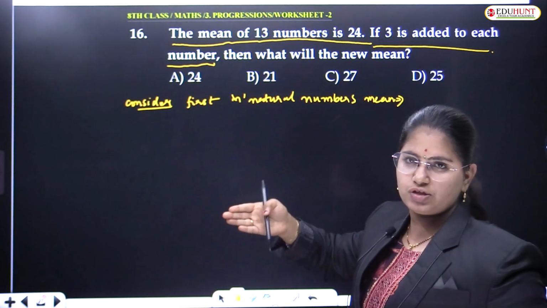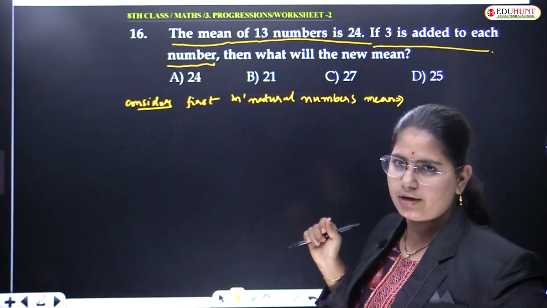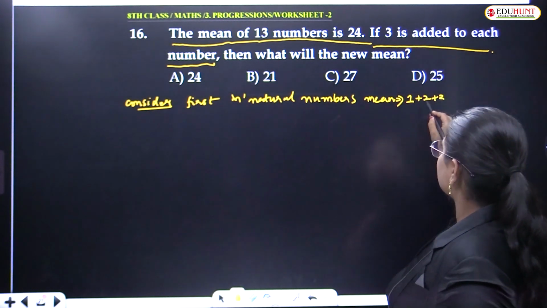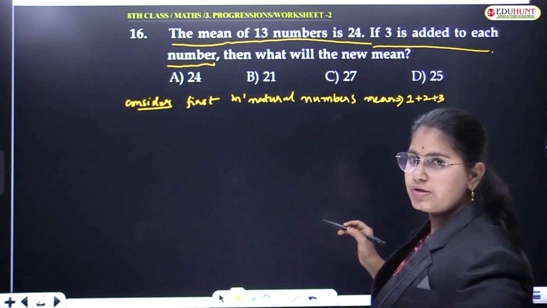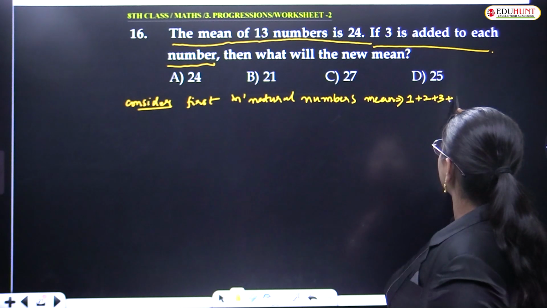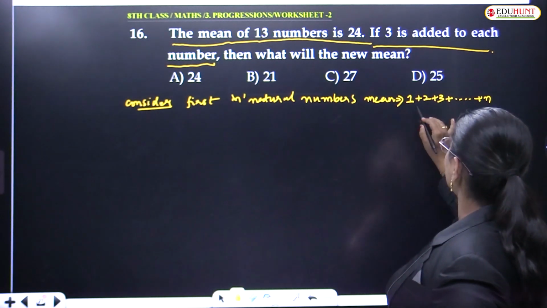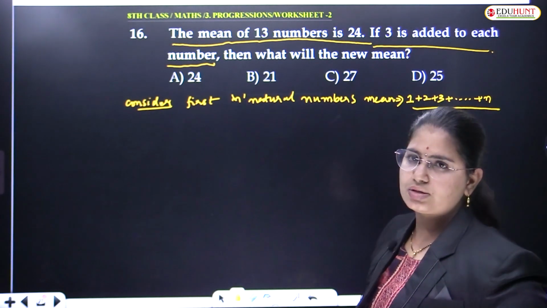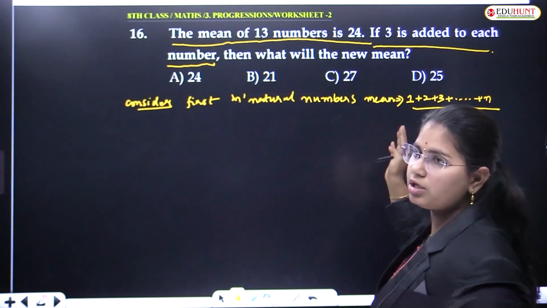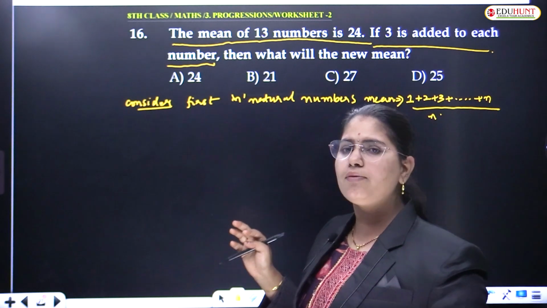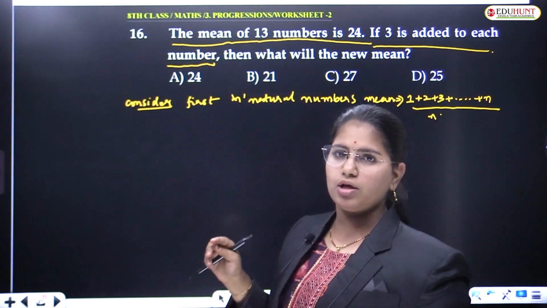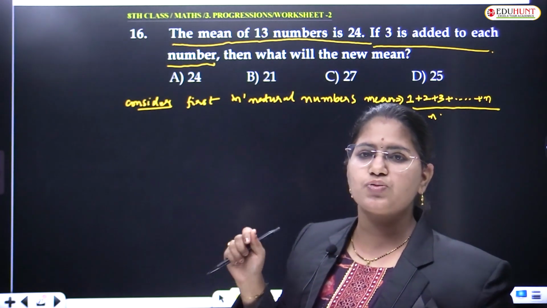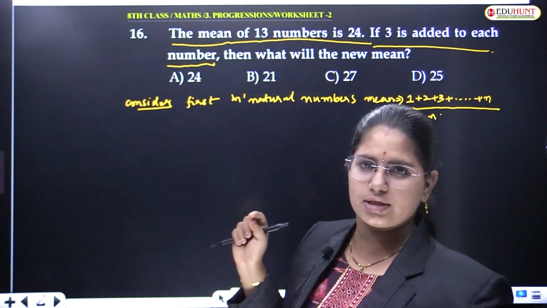Sum of all observations by total number of observations. The sum of all observations is 1 plus 2 plus 3 and so on up to n, divided by the total number of observations, which is n. This is the mean of the first n natural numbers. Yes or no? If I ask you the mean of the first n natural numbers, this is how you will express it.